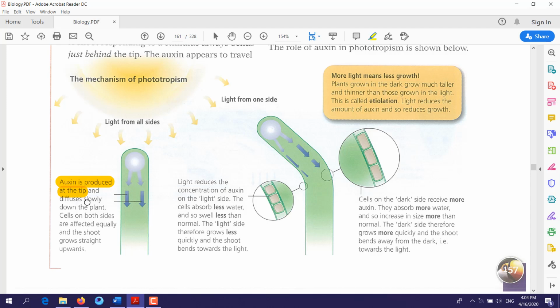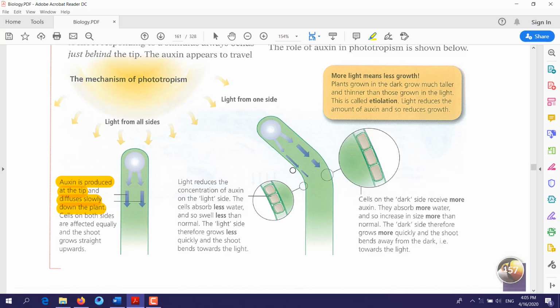As you can see here, auxin is produced at the tip and diffuses slowly down the plant cells. Now what will happen? Sun or light will affect the production of auxin. How? Focus on this arrow. Here they were equal, the same arrows, but here they differ.